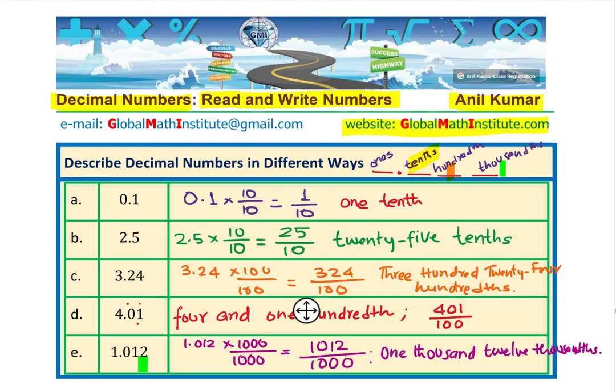So reading and writing decimal numbers really depend on where the number ends. If it ends in tenths place, then we'll always have tenths at the end. If it ends in the hundredths place, then we'll have hundredths in the end. And if we have thousandths place, then we'll qualify with thousandths, correct?